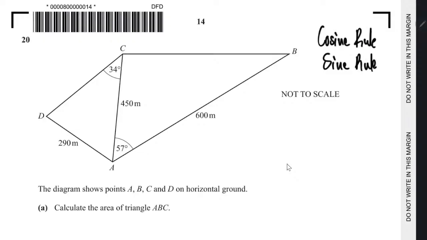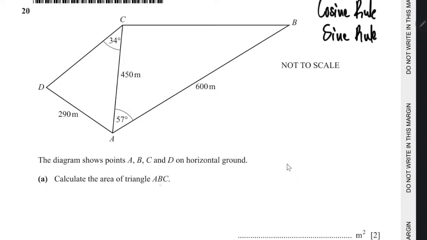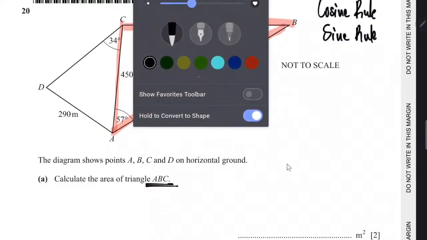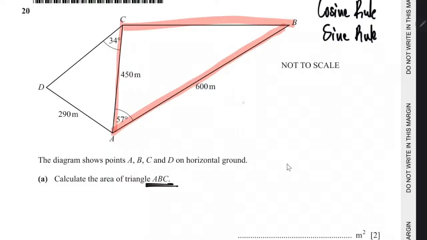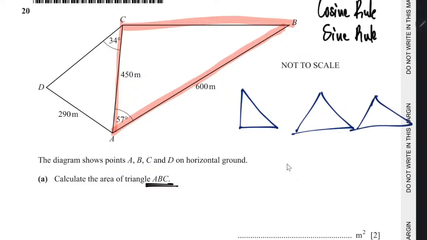Now, calculate area of triangle ABC. Well, we know how to get area of a non-right angled triangle. To get area of a triangle, we have 3 ways. Only 3 ways. This one is when you know base and height.